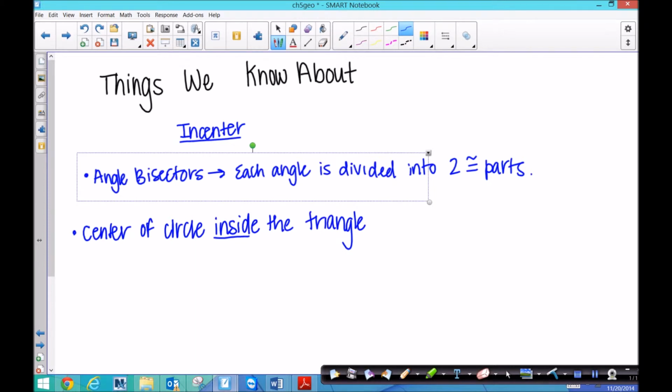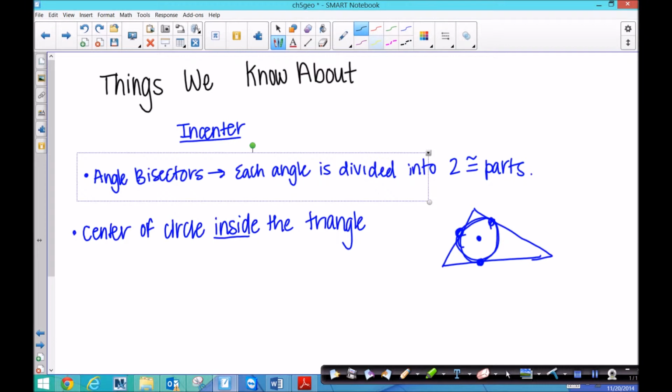And what that looks like is, for this triangle right here, it would be the circle that's contained inside of the triangle, and it touches each side of our triangle. And that's the only place that we can put that circle so that each side of the triangle is touched. So the center of that circle is the incenter of the triangle.